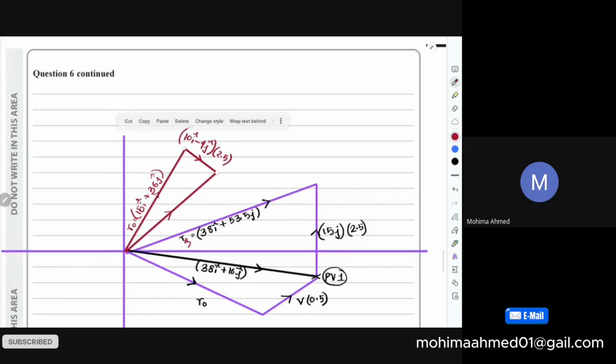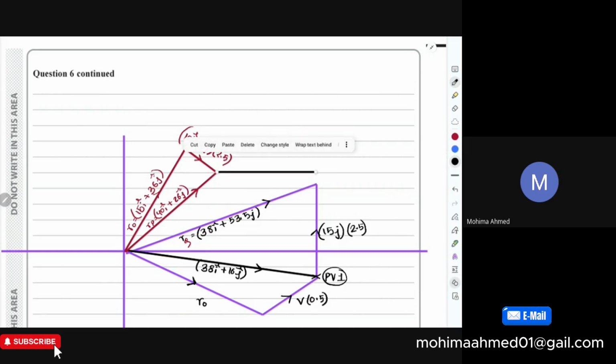So we have this one as RP, which is 40i plus 26j, right? If that's the case, then you actually have to just find out this value. Over here, all the information is there. They just give you the final position vector of P and Q, and you just want to find out the difference between them when the time is 2.5 hours.